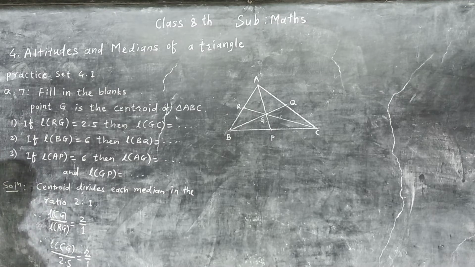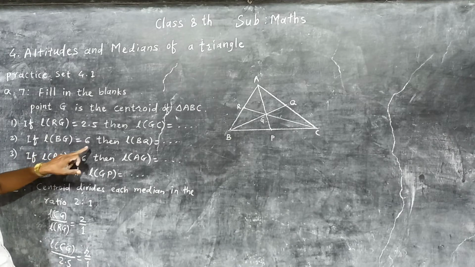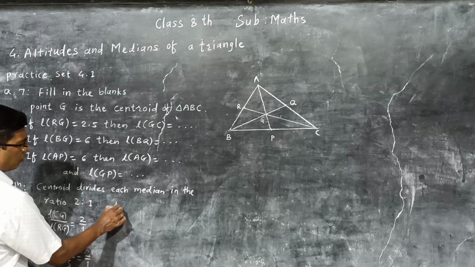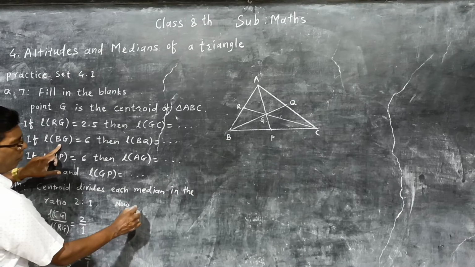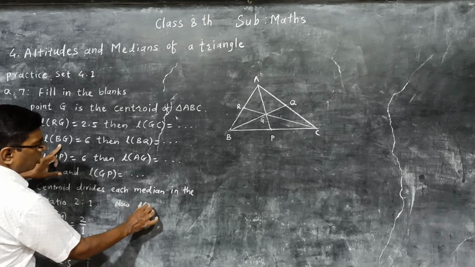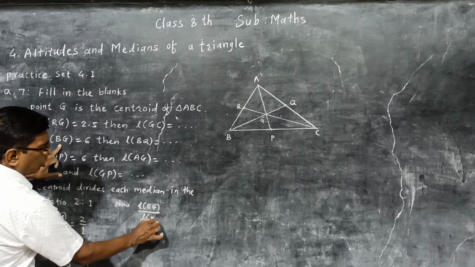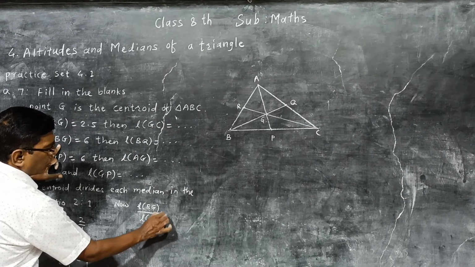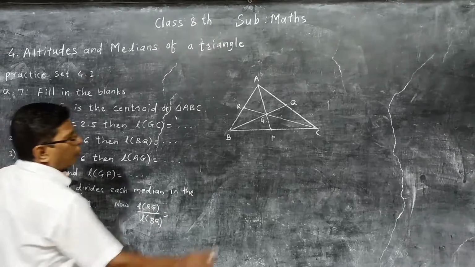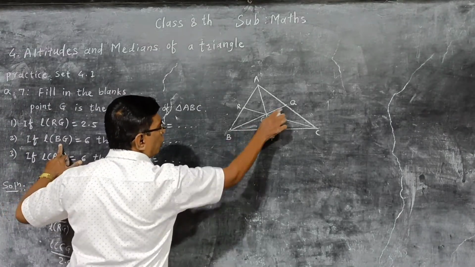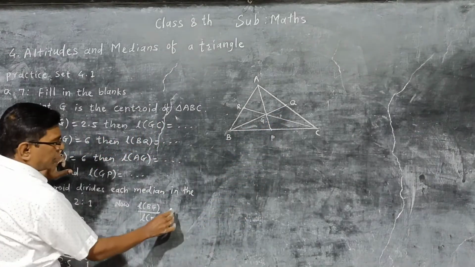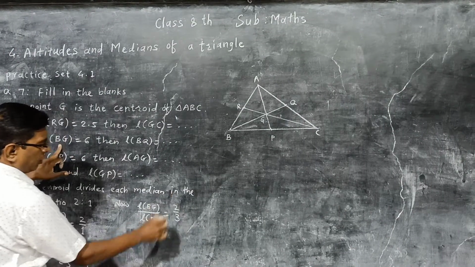Now second, if BC is equal to 6, then we have to calculate BQ. Now length BG to length BQ: BG is 2 parts and BQ is the whole, 2 plus 1, 3 parts, that is 2:3.